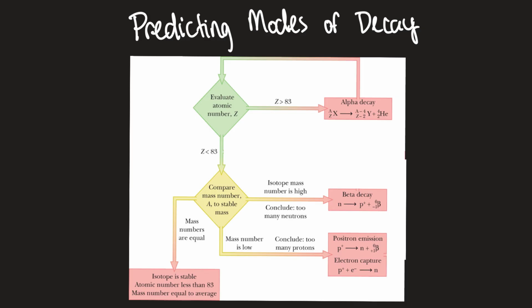What you see in front of you is a roadmap to help you figure out what type of decay most likely will take place.